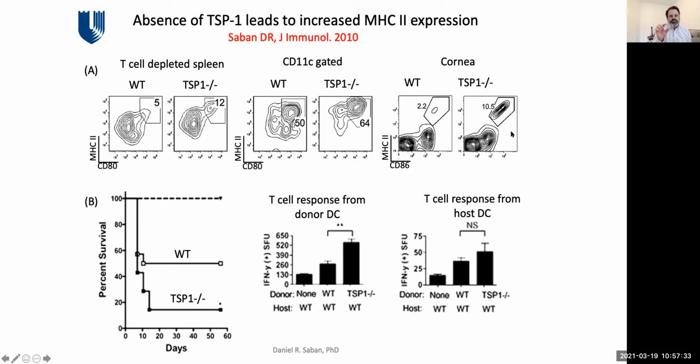Using that same sort of technique, you can now graft an allogeneic thrombospondin knockout donor onto a wild type allogeneic host.